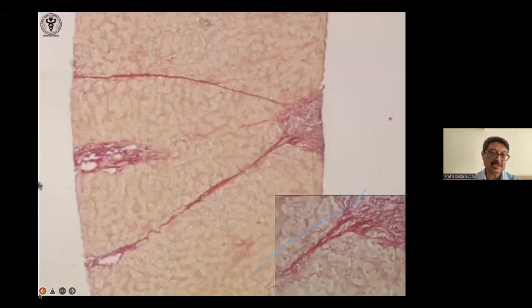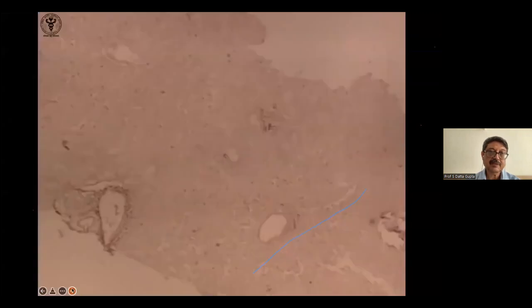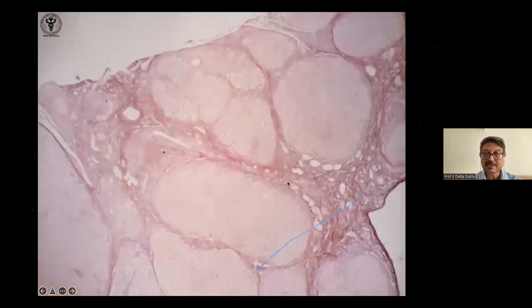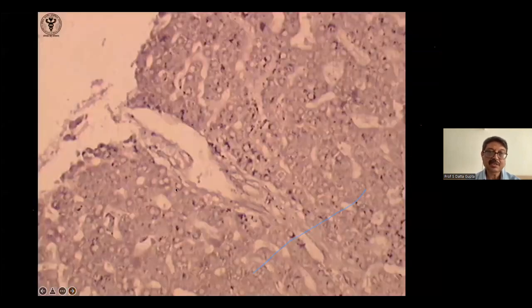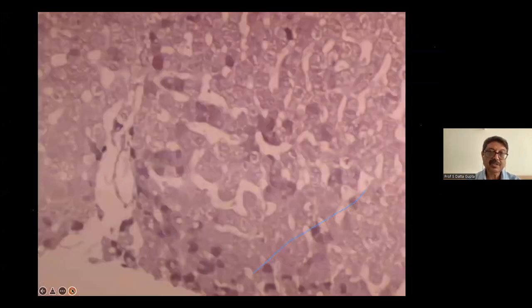Sirius red is another stain that we use. This is the orcein stain. Orcein stain stains elastic tissue normally. It stains these tissues whenever there is cirrhosis. It stains copper binding protein in the periphery. Okay.